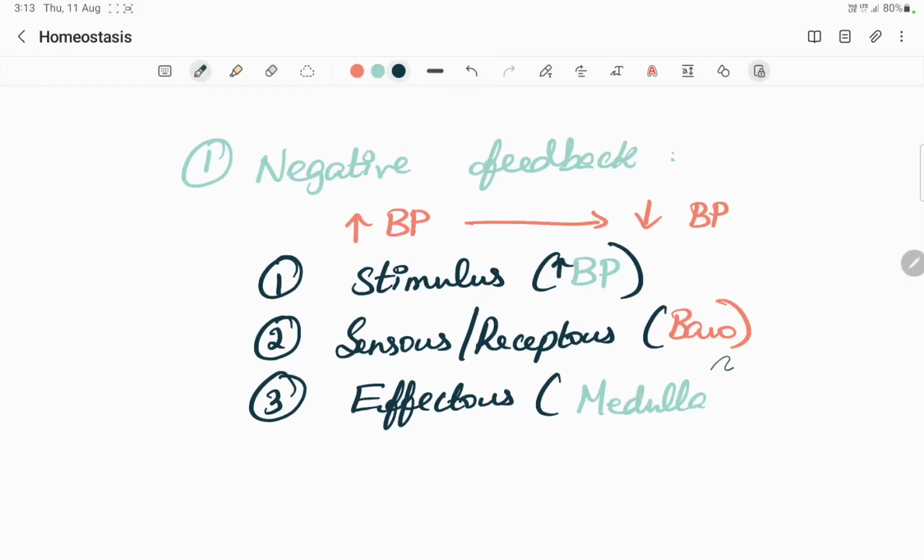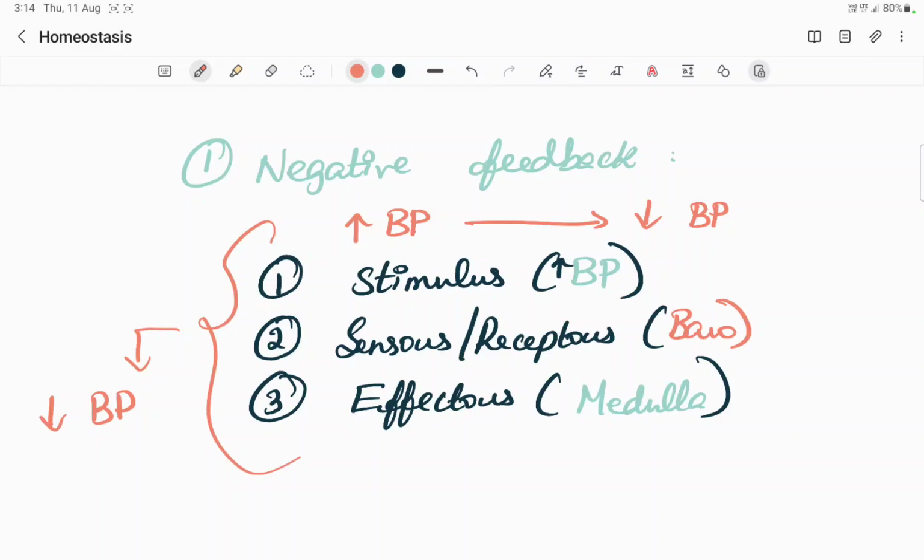All this together would lower the blood pressure. So when there's an increase in BP, which is the stimulus, receptors are activated, in this case baroreceptors, and then we have effectors. Here we have the medulla on which it acts, so it causes a reduction in the blood pressure. So blood pressure regulation is a negative feedback mechanism.